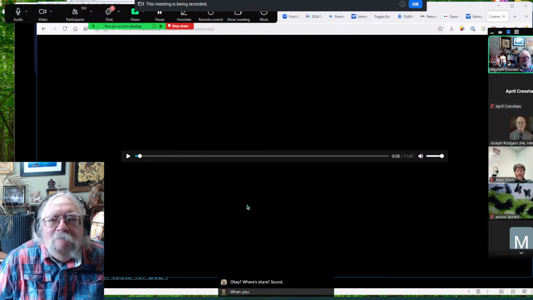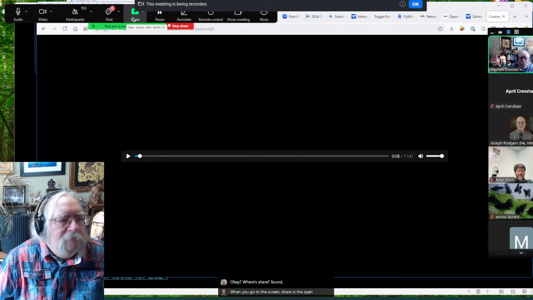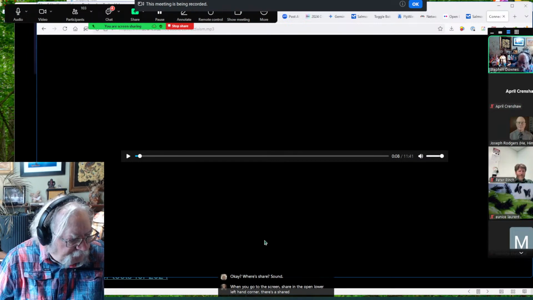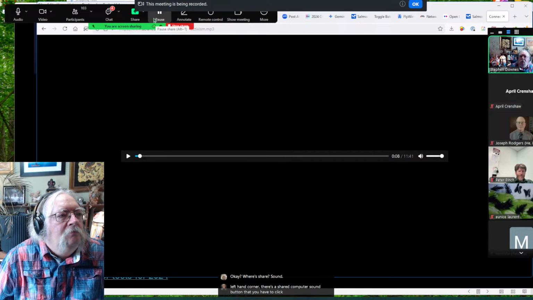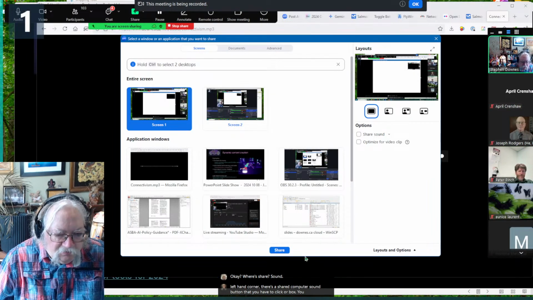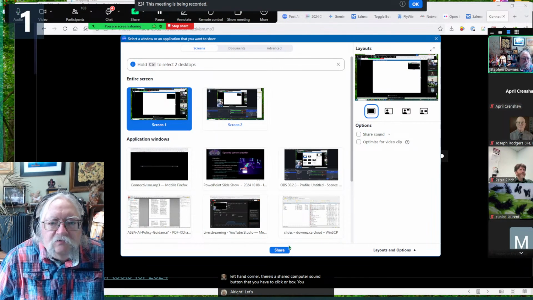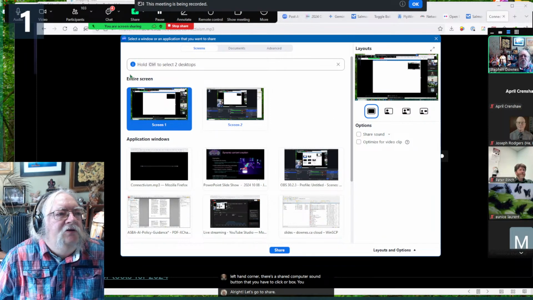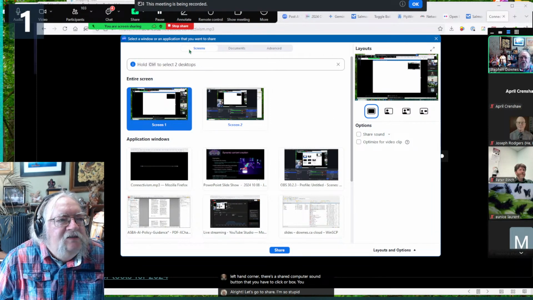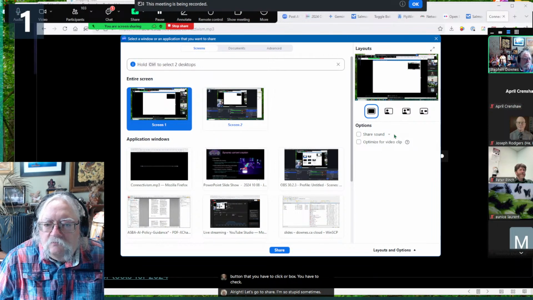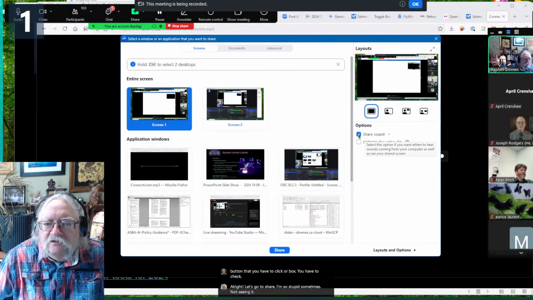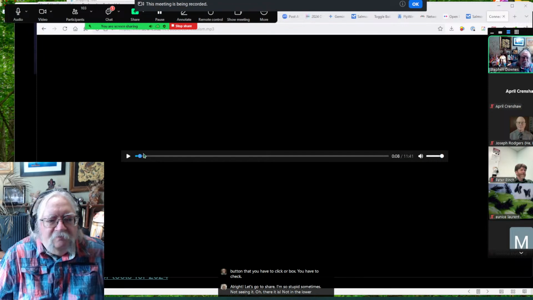When you go to the screen share, in the lower left-hand corner, there's a share computer sound button that you have to click, or box you have to check. All right, let's go into share. I'm so stupid sometimes. Not seeing it. Oh, there it is. Not in the lower left-hand side. All right.